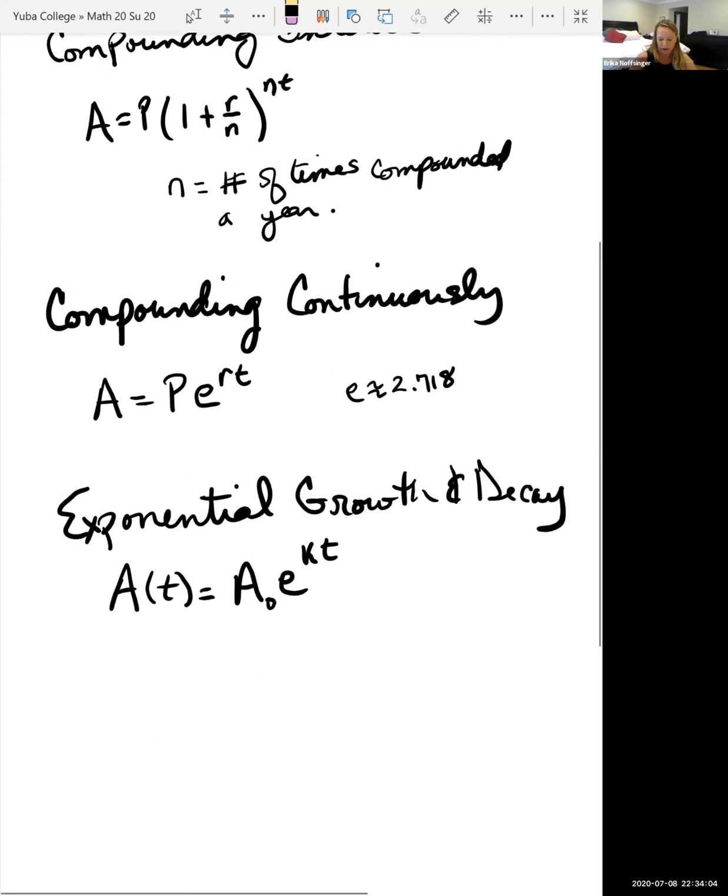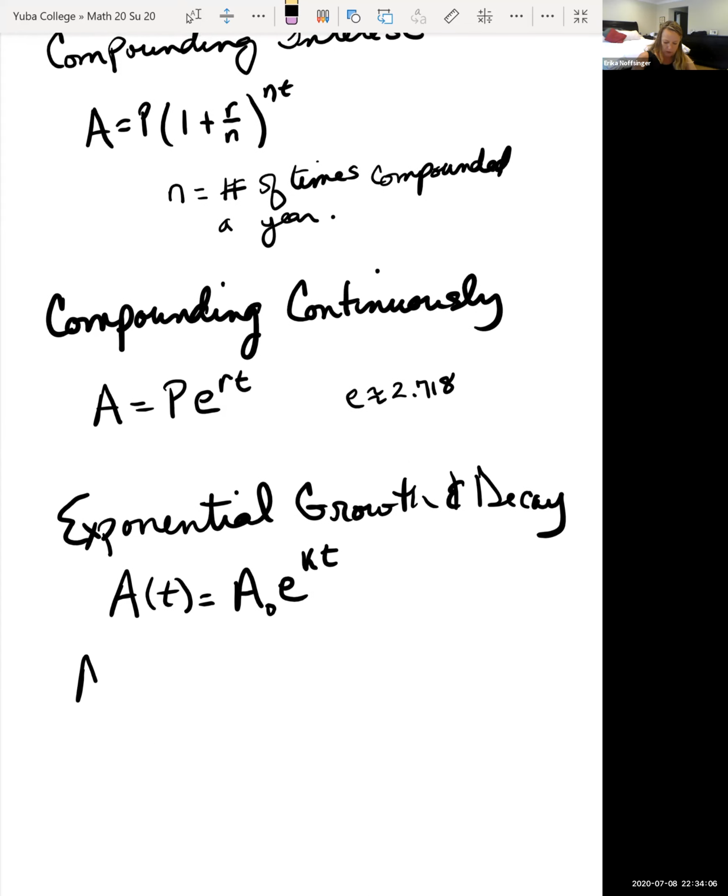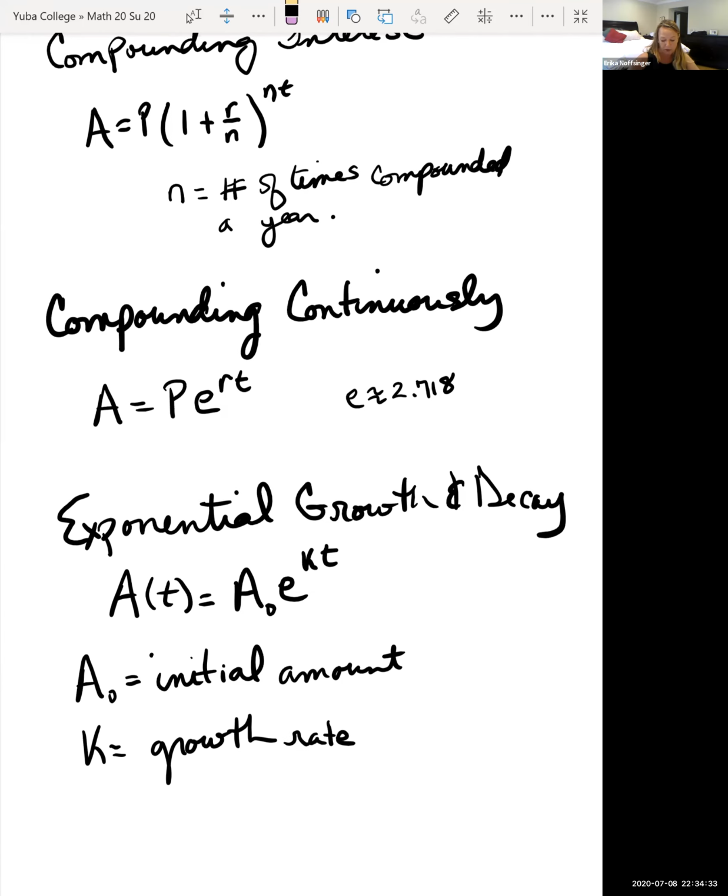A couple things here. A sub 0 is our initial amount that is given, or maybe we have to find. k equals our growth rate. So it's almost identical to our compounding continuously, it's just that we have k instead of r. This is the decimal form of that growth rate, not percent form. t again is time.